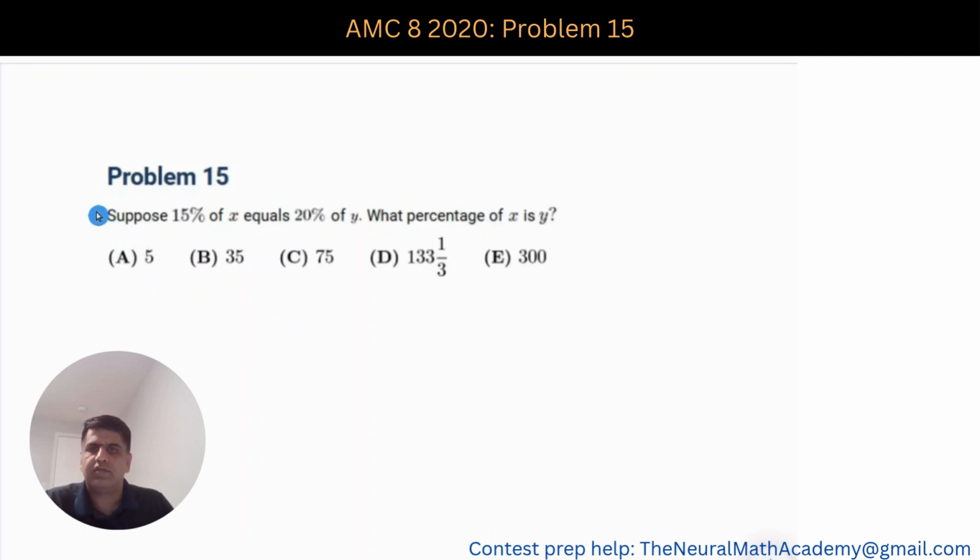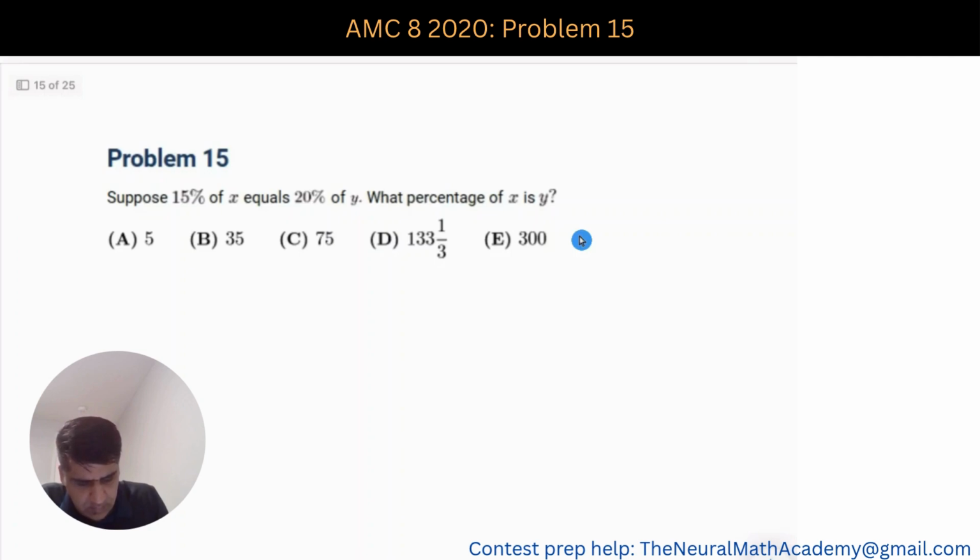So let's solve problem 15, where it says suppose 15% of x equals 20% of y. What percentage of x is y? So what we are given is 15% of x equals 20% of y.